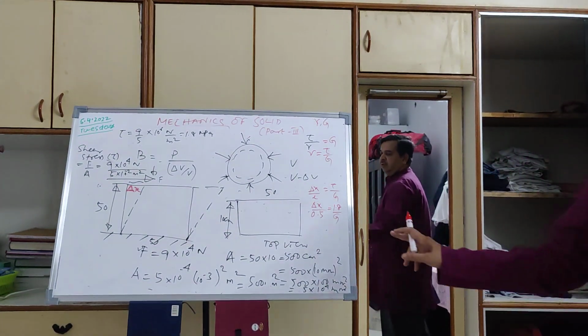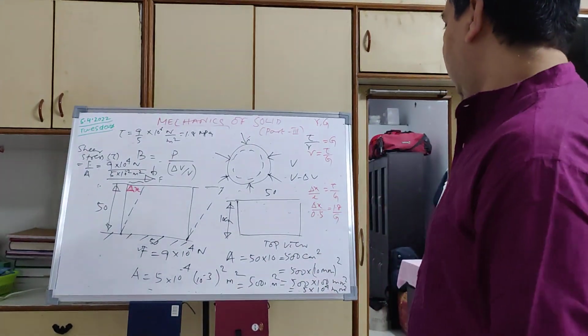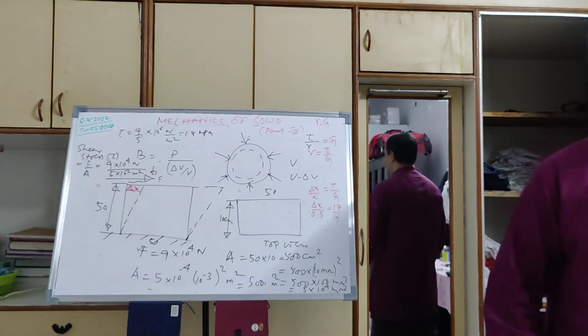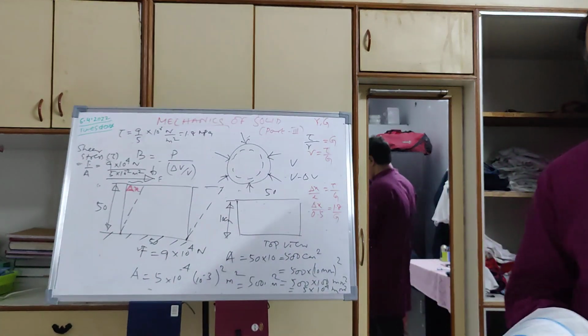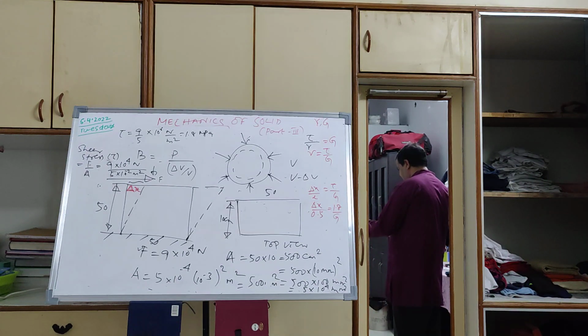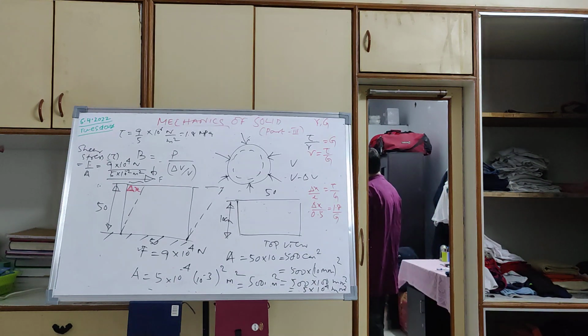Everything you know now, the only thing you don't know is G. For this material, lead, you have to find out the G value. You can get it in the table. In your exam they will give it. For lead it is written as 5.6 GPa.